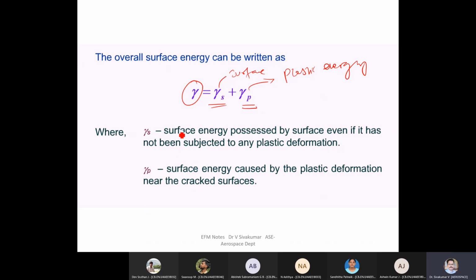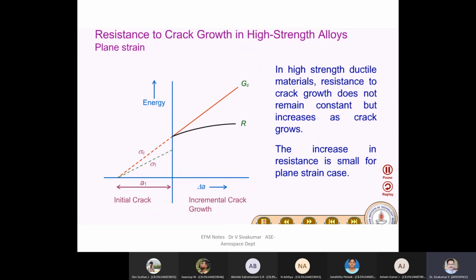Gamma S is the surface energy possessed by surfaces even if they have not been subjected to any plastic deformation. When you have a free surface, automatically this energy will be there. But gamma P is the surface energy caused by the plastic deformation near the crack surfaces. That part of the energy comes through plasticity.